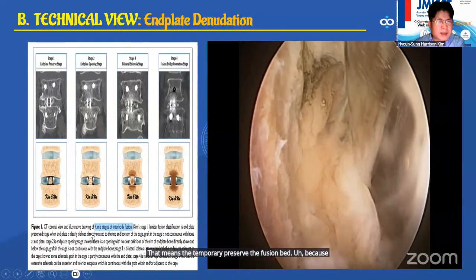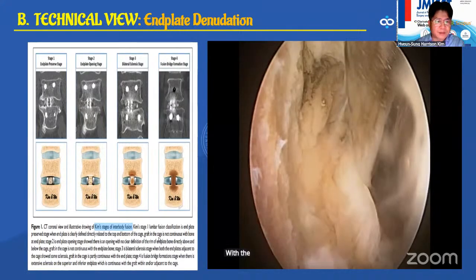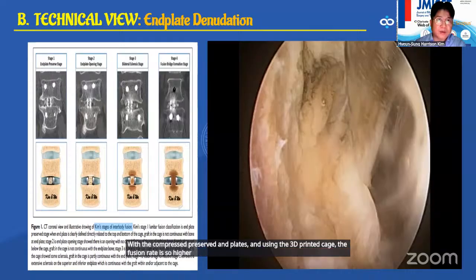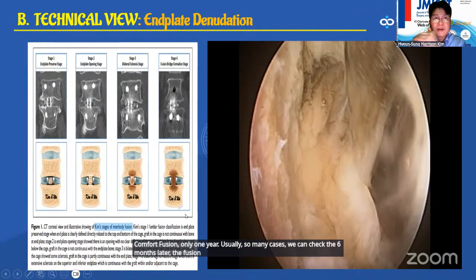Because of that, in my paper published in the Global Spine Journal, with completely preserved end plates and using the 3D printed cage, the fusion rate is higher, and additionally the fusion speed is also very rapid. For example, this patient achieved complete fusion in only 1 year. Usually, in many cases we can check at 6 months, and the fusion is already completely or nearly completely successful.